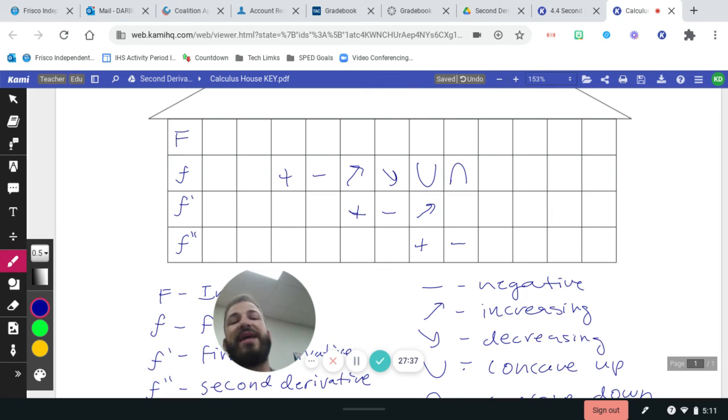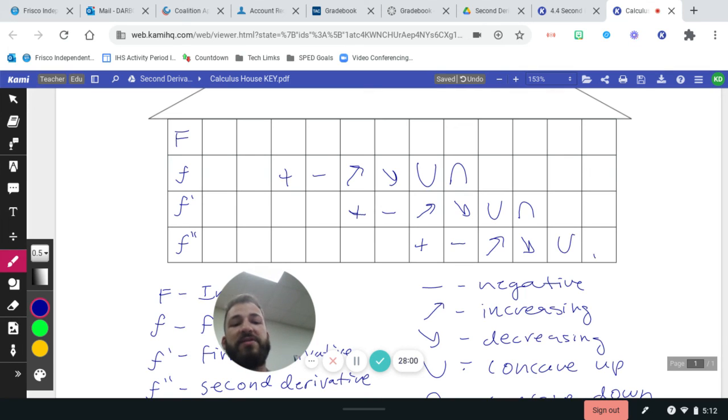When F double prime is negative, we also know that F prime is decreasing. Then we also know when F prime is concave up, F double prime is increasing. That's what we discovered there on our last graph, which I think it would serve to know that when F double prime is decreasing, F prime is also concave down. You starting to see the pattern?